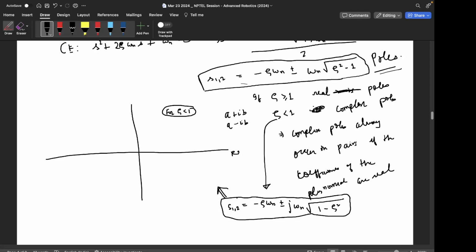So this is the real axis, this is the imaginary axis. Let's say we have a root like this, so the real part is given by minus xi omega n.